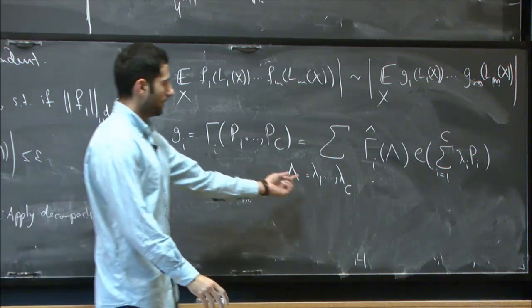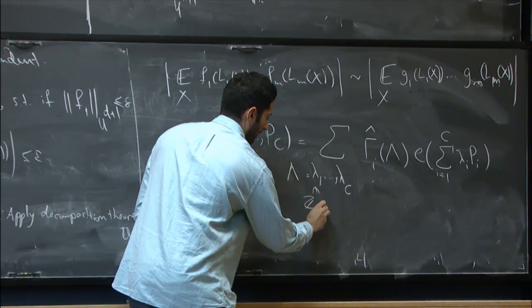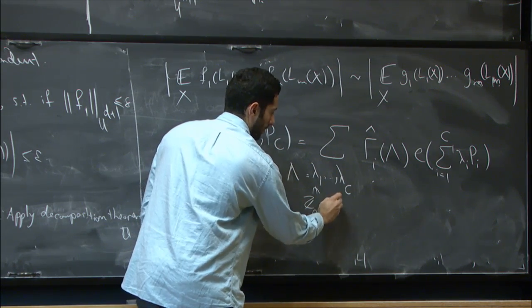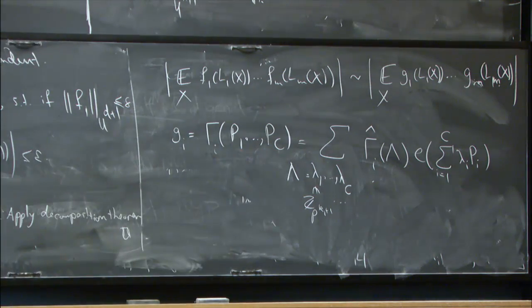So you have to be careful. You have to pick each of them in, let's say, Z_p to the k1 plus 1 and so on, the dual group of where they act.